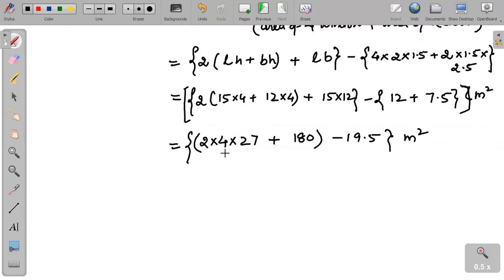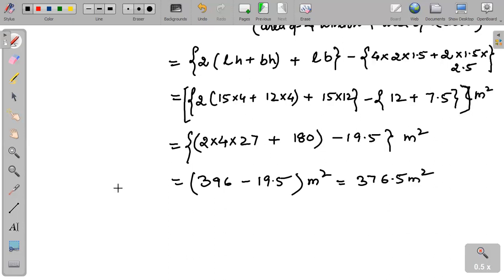This is going to be 216. 27 2s are 54. 54 into 4 is going to be 216. 216 plus 180 is 396 minus 19.5 meter square, or it will be 376.5 meters square.